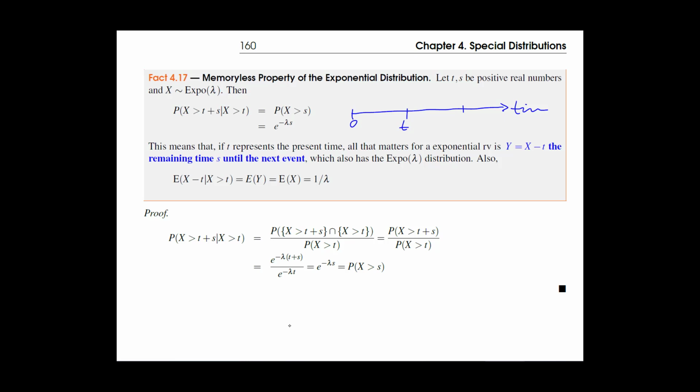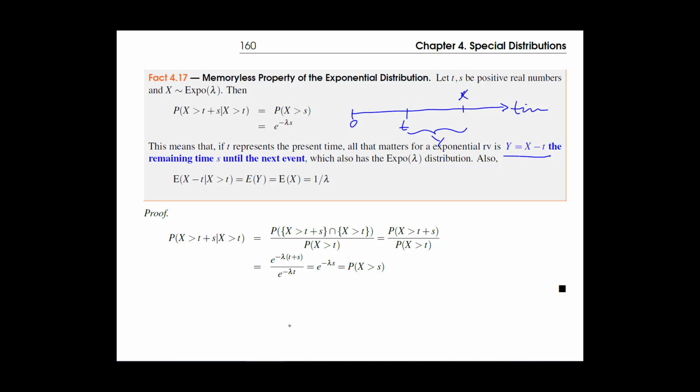So t is the present. If the event happens at this time, this is x, actually. What happens is that this random variable, let's call it y, equals x minus t.